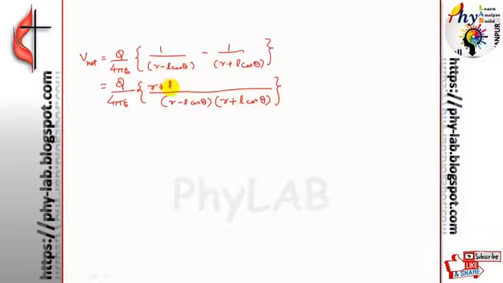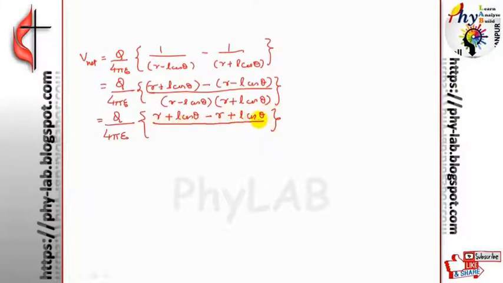So R plus L cos theta minus, and this goes on this numerator, so R minus L cos theta, friends. Rearranging the terms, it becomes Q upon 4 pi epsilon naught, R plus L cos theta minus R, minus minus plus L cos theta in the numerator part, and in the denominator you can see this is A minus B and A plus B. So this eventually will be A square minus B square.